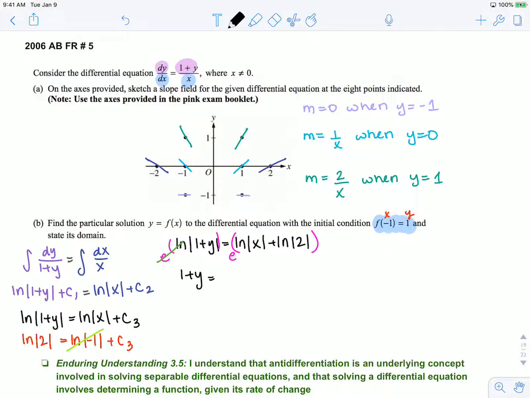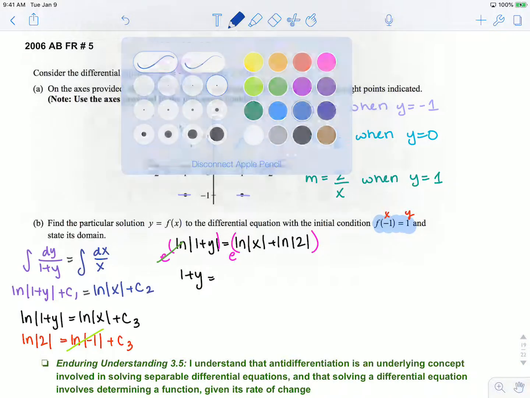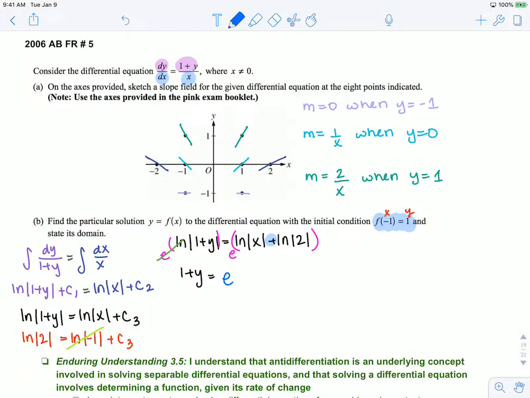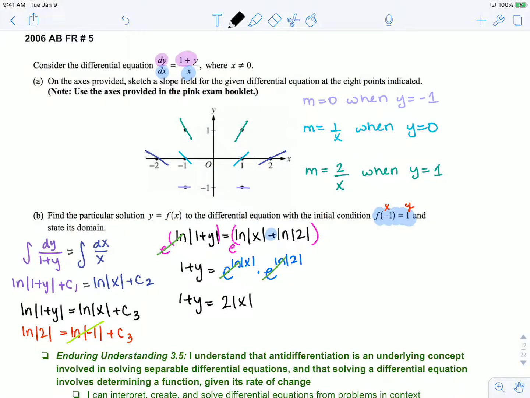Now remember, adding exponents means that we're multiplying powers with the same base. So that means e to the ln absolute value of x times e to the ln absolute value of 2. Both of these e to the ln's cancel out to make 1 plus y equals 2 absolute value of x. Isolating y, y equals 2 absolute value of x minus 1.